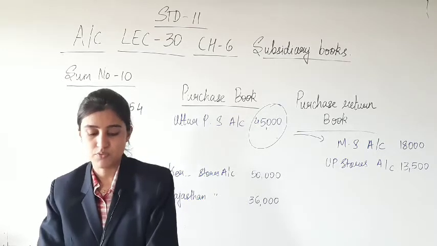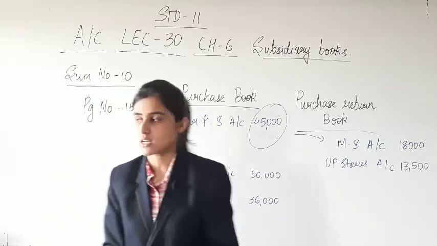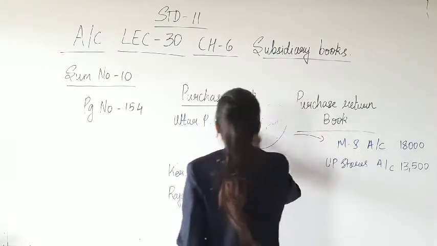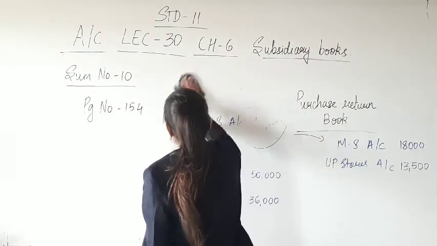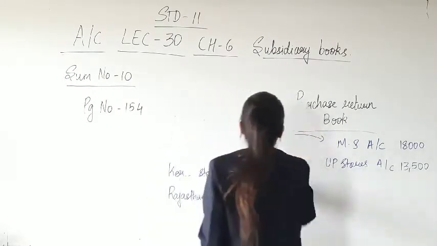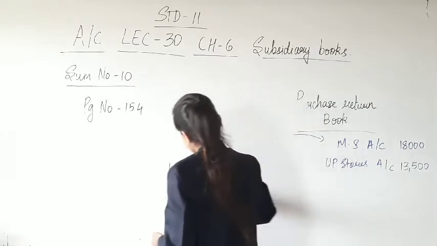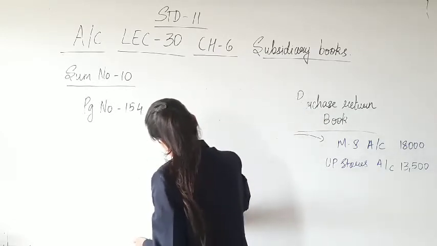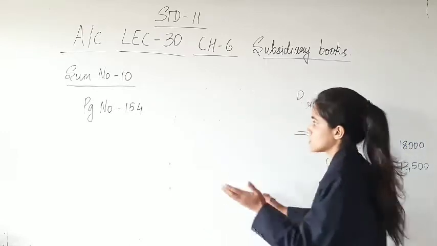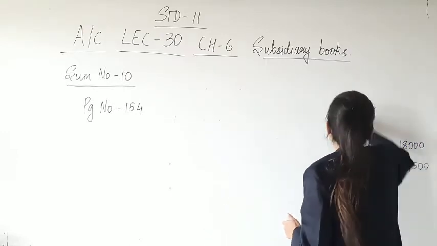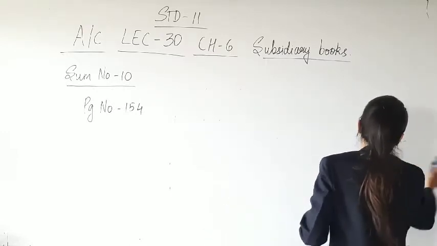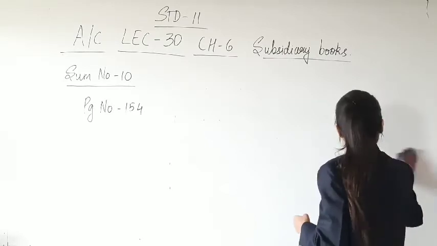On page number 154, again I will just mention that the transaction where it actually will be recorded, in sales book or in sales return book. And what you are supposed to do is that you will prepare a proper specimen and the format, and you will record it properly. Yes?